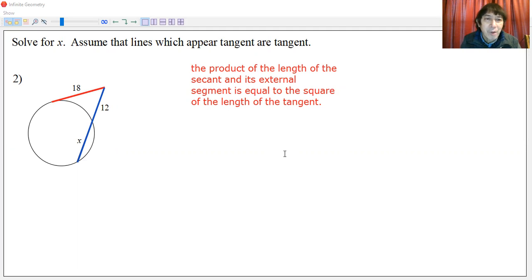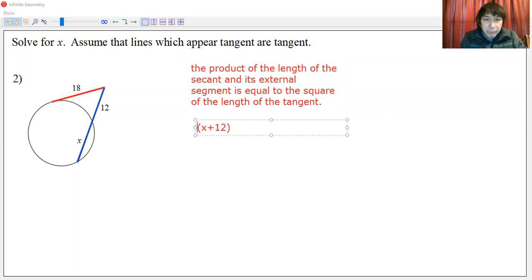So our working equation here: what is the length of the secant? The length of the secant will be x plus 12. That's the length of the entire secant, the blue segment. Now, we will multiply this by the external segment of the secant, which is the 12.